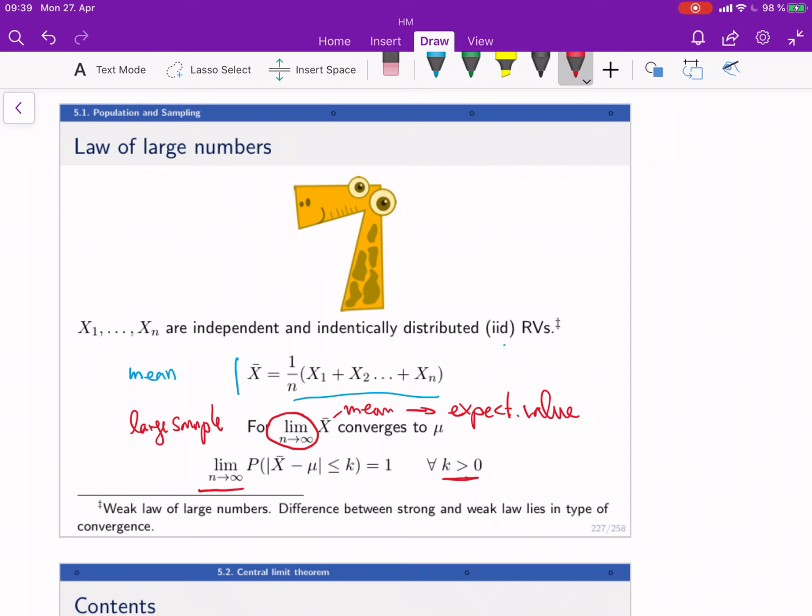If we go to a large enough sample, there's a probability of 1 that the difference between mean and expectation value is smaller than this super tiny number k. And we can do that with any k. Imagine an even smaller k than we just had. It doesn't matter, the probability is always 1 that the difference is smaller if you just go to large enough samples.